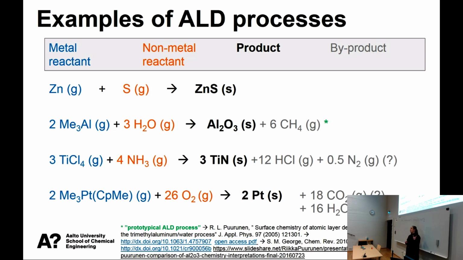We have titanium in oxidation state 4 in our reactant and in oxidation state 3, so in a slightly reduced form, in the nitride. So what is reducing, what is exactly oxidizing here if titanium is reduced? I'm not sure if that has been fully figured out.